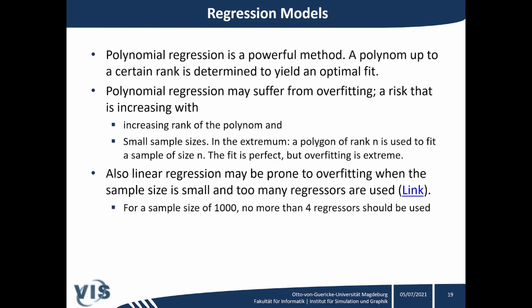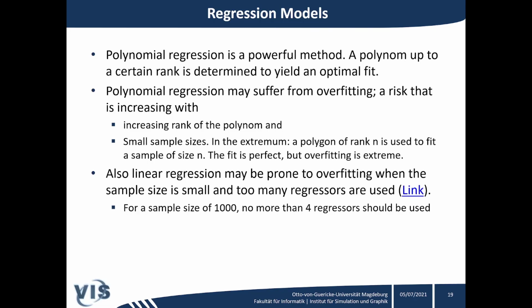In conclusion, we can summarize that polynomial regression is a powerful method. A polynomial up to a certain rank is determined to yield an optimal fit. However, polynomial regression may suffer from overfitting.